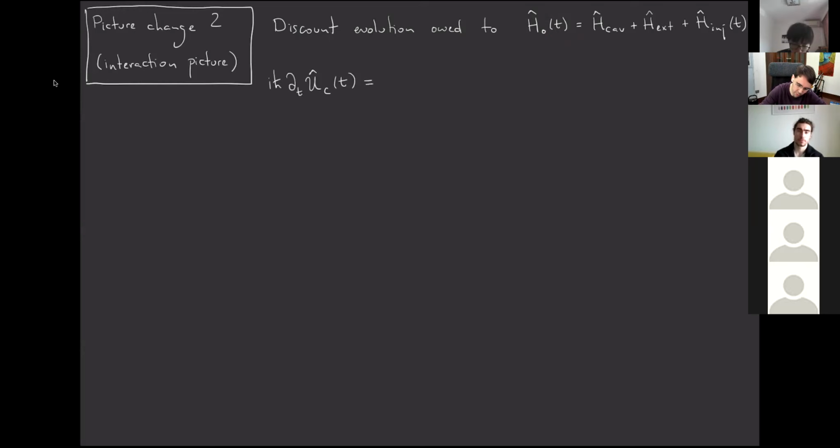So this means that our time evolution operator will satisfy this equation here. And since it's the first time in the course that we deal with the time evolution generated by a time-dependent Hamiltonian, at least in terms of the time evolution operator, let me just say a few words.